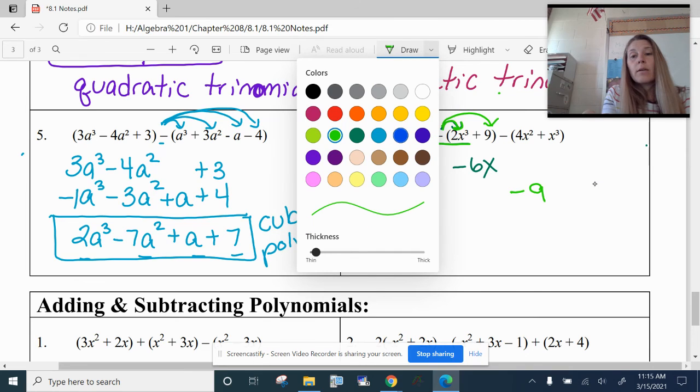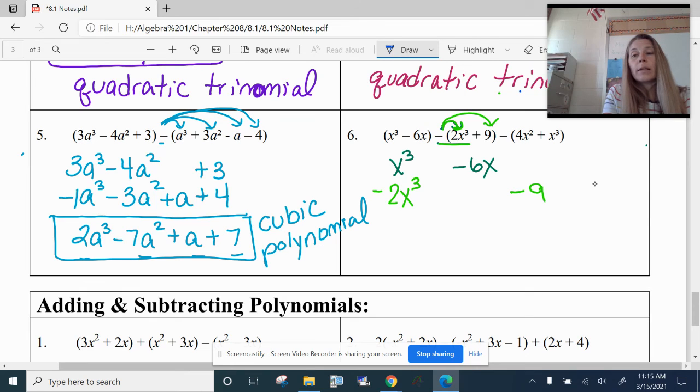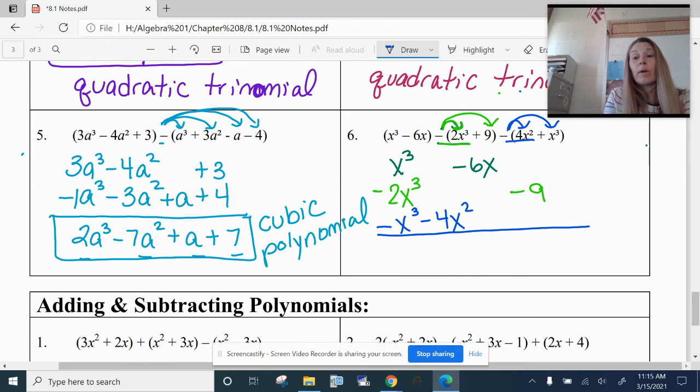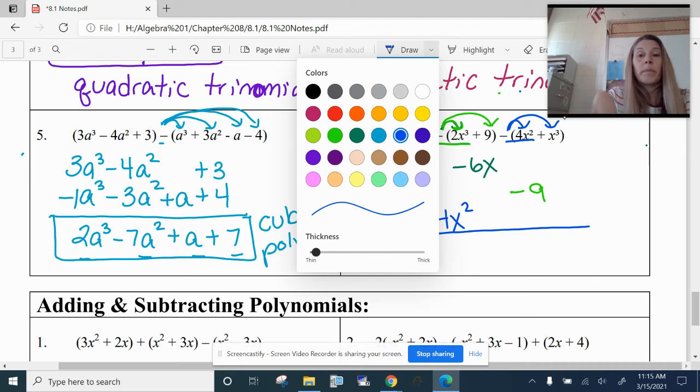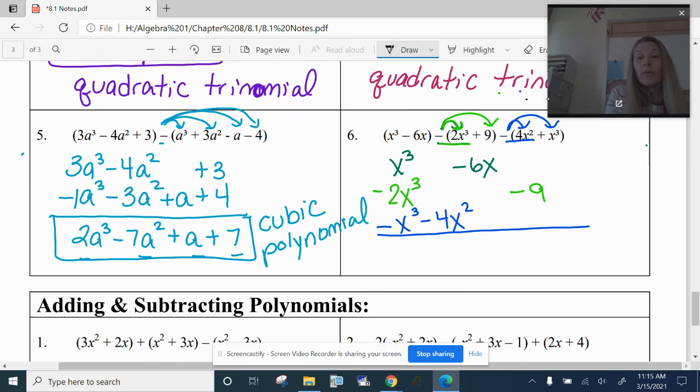And then I'm going to subtract the 4x squared, which notice that's a squared, so that would go right here. And then I'm subtracting an x cubed. So they're really trying to trip us up on this one by mixing up kind of the order there. All right, so now with cubes, I have a 1x cubed minus a 2x cubed minus another 1x cubed.